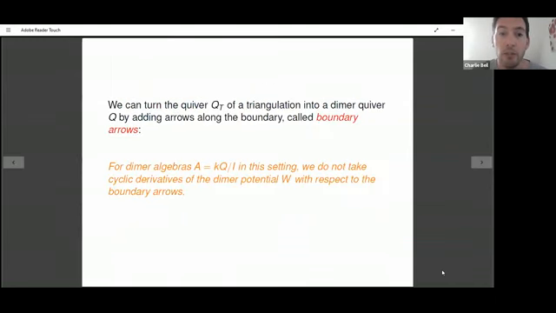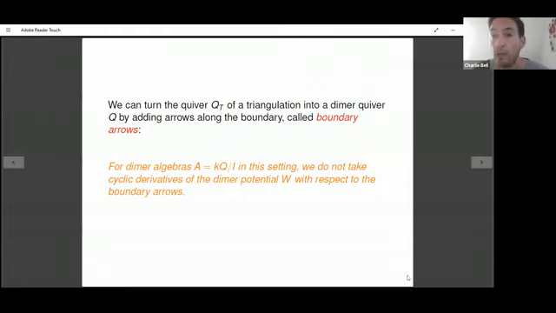Okay, now we can turn the quiver Q sub T of a triangulation into a dimer quiver Q by adding arrows along the boundary called boundary arrows. So now, in our quiver we had before, one of the conditions was that if two vertices are on sides of the polygon, on these boundary edges, you don't connect the vertices in a triangle if they are both boundary edges.